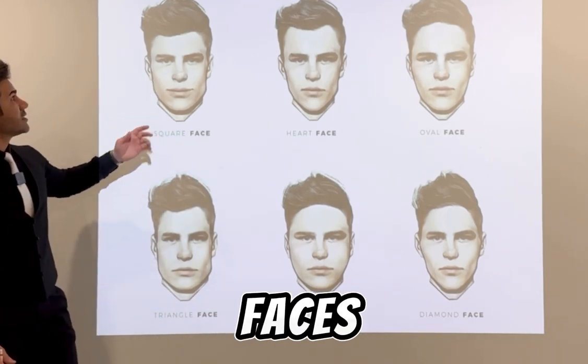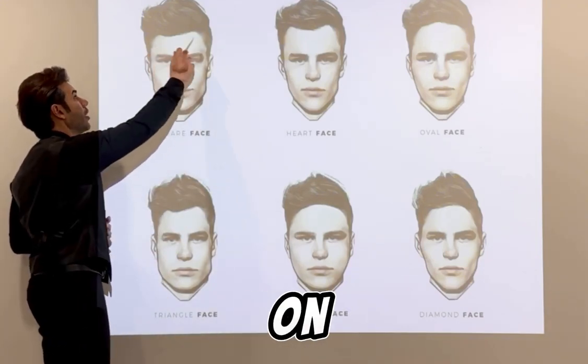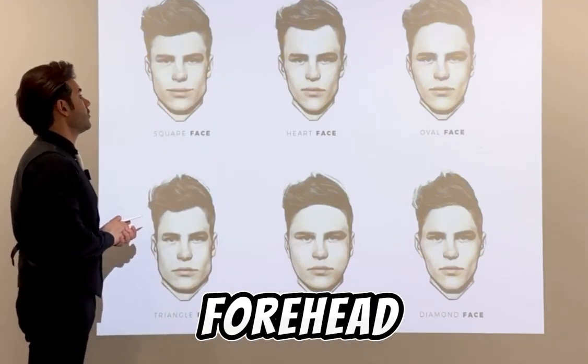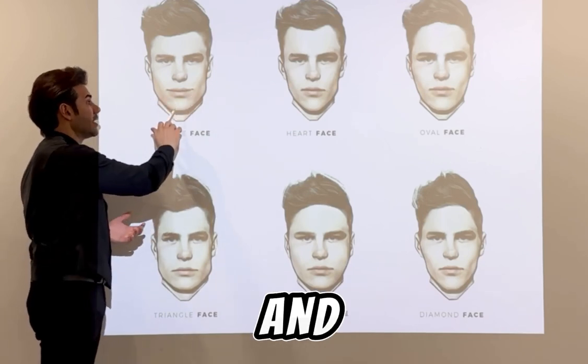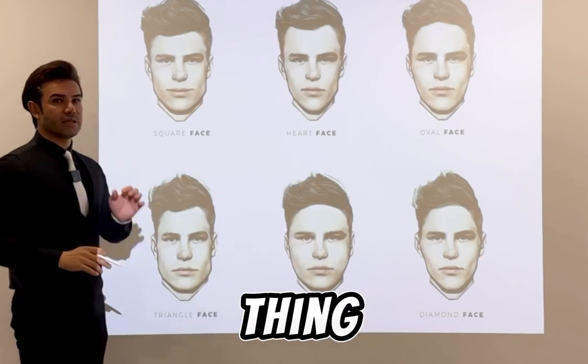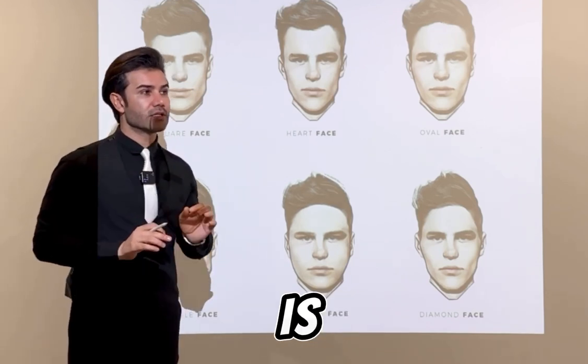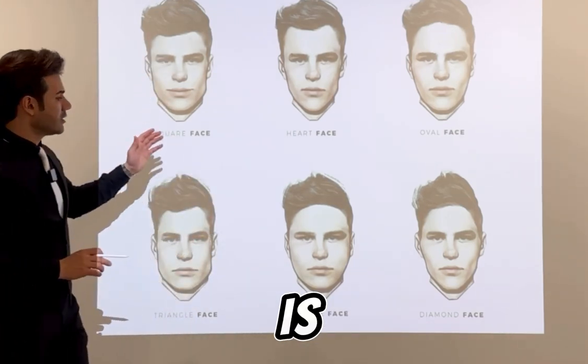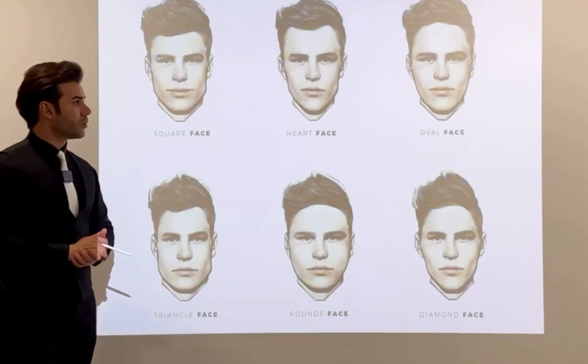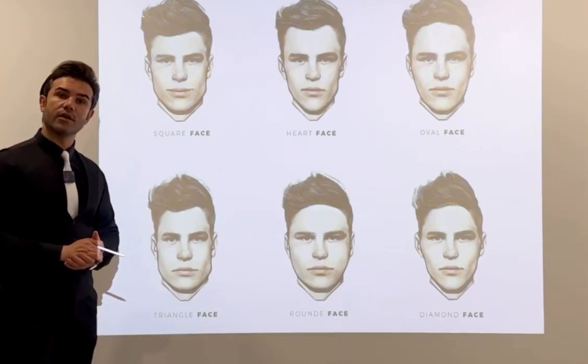The square face is actually wide on the face and the forehead, and very wide on the jaw lines. And here is the important piece: the bony chin is not pointy at all. So these are all the faces that you are going to face on our job.